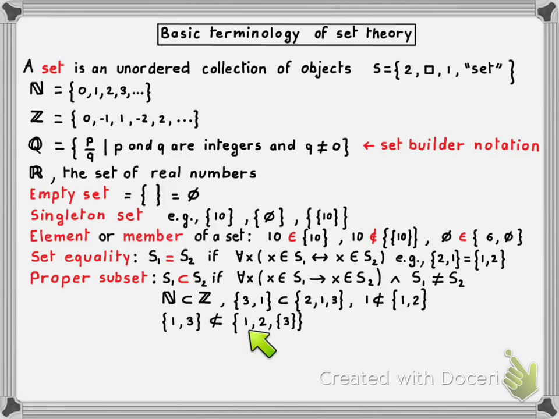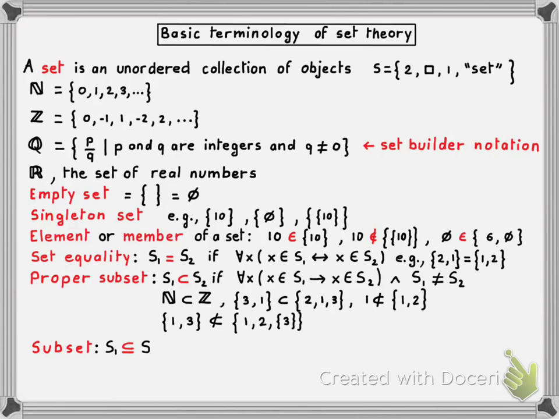It's also an element of the second set. So far so good. 3 is an element of the first set, but it's not an element of the second set. Notice this is the set containing 3. That's not the number 3. Because this element is in S1 but not in S2, S1 is not a proper subset of S2.